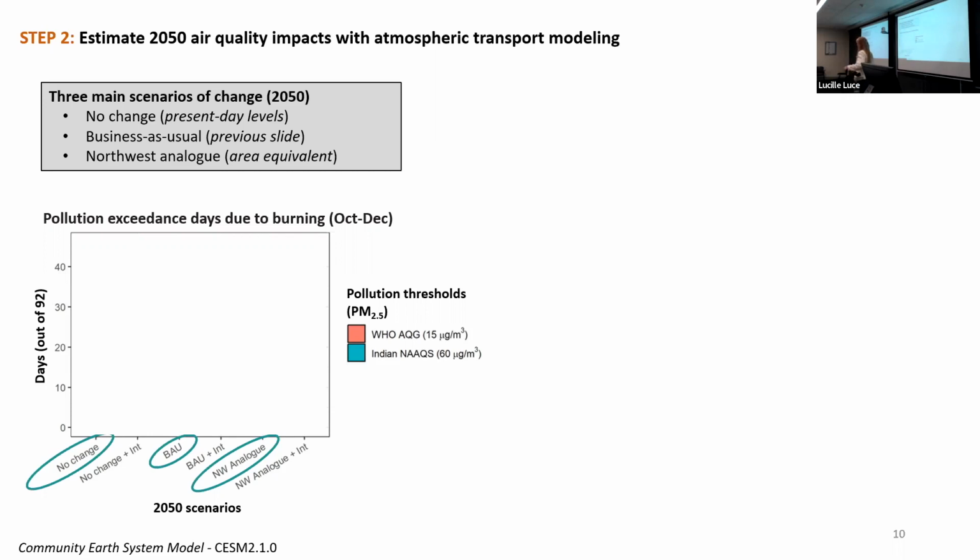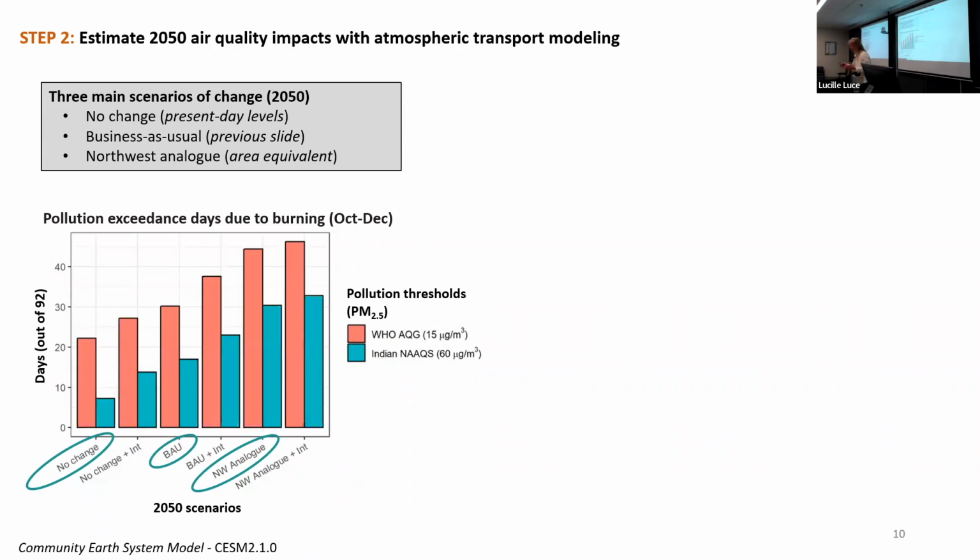The way we look at this is in exceedance days. So we look at pollution thresholds for PM 2.5, and we look at two different thresholds. We have the World Health Organization, which has a more conservative value on what's exceedance for PM 2.5, and then the Indian National Air Quality Standard.